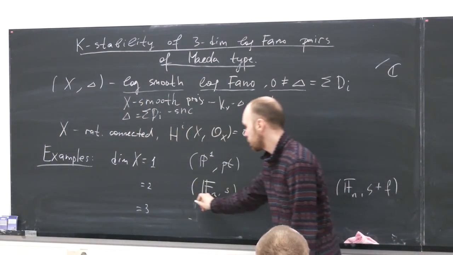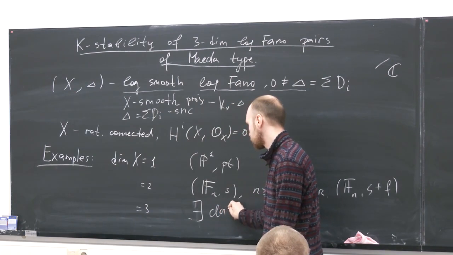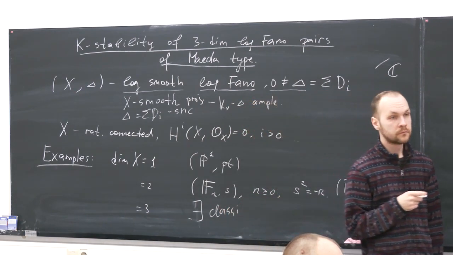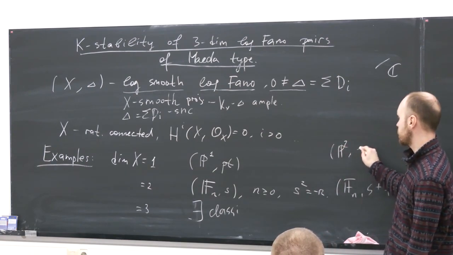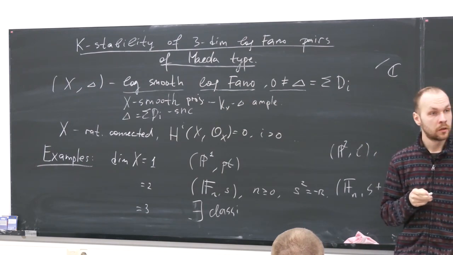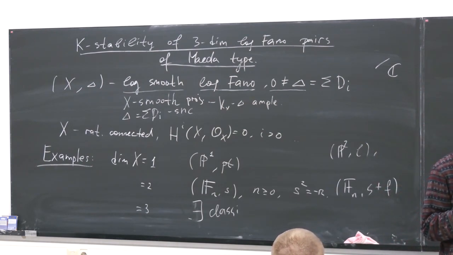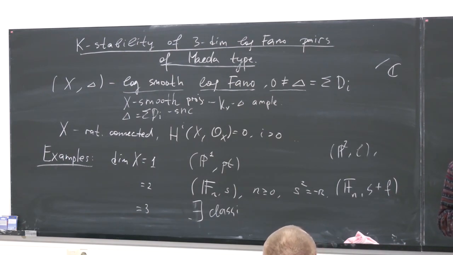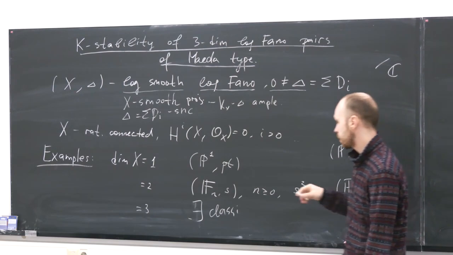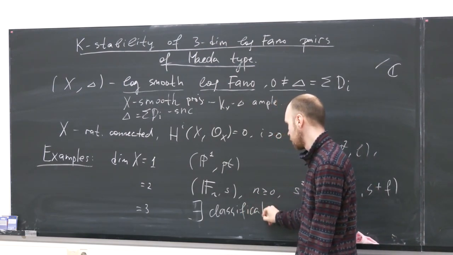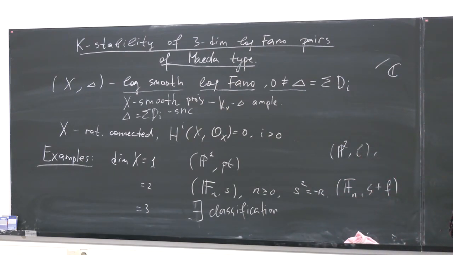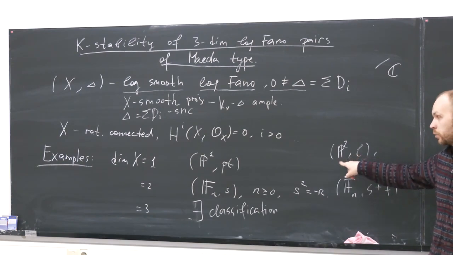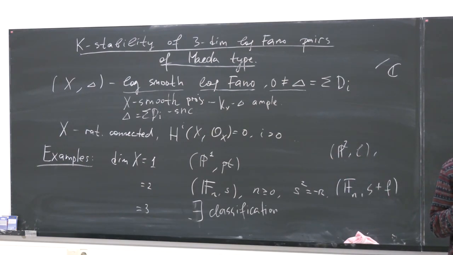In dimension 3, there exists a classification. Not quite. We also can have P2 with a line. But this is not an infinite series. As for infinite series, yes. We only can have two such series, right? And for all others, the underlying variety is also different. Is it correct? Yes, the underlying variety is either P2 or a Hirzebruch surface.